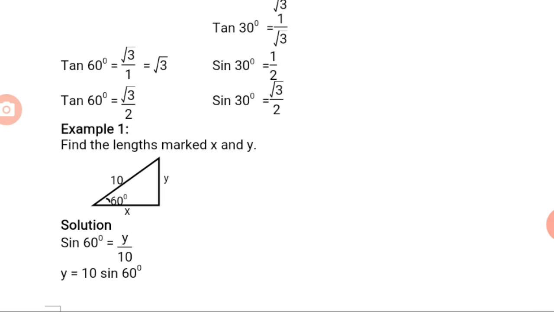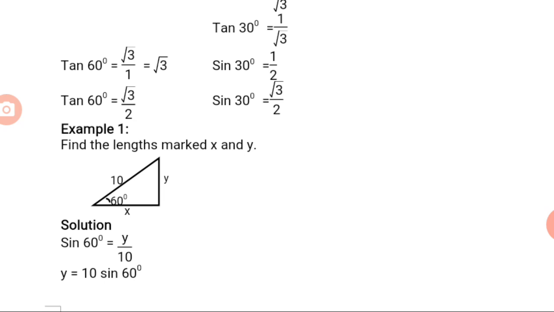Therefore, we use sine, because we know one side and look for the other. So in this case, we use sine.